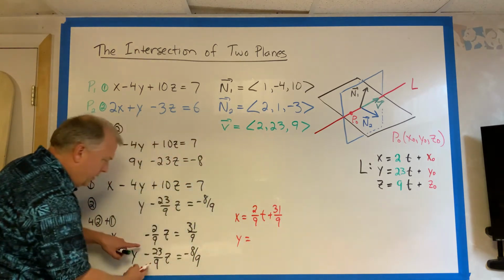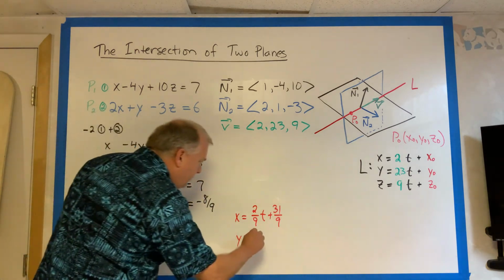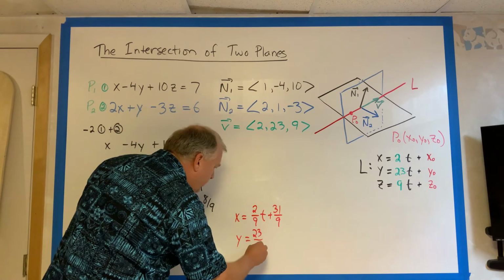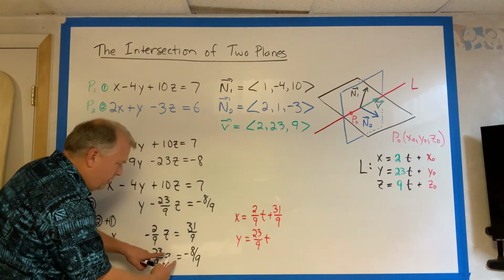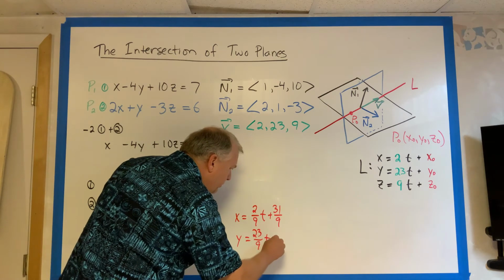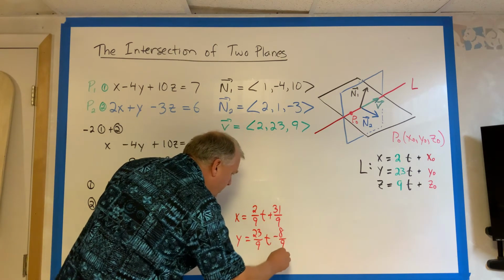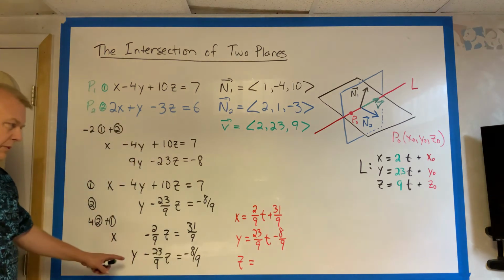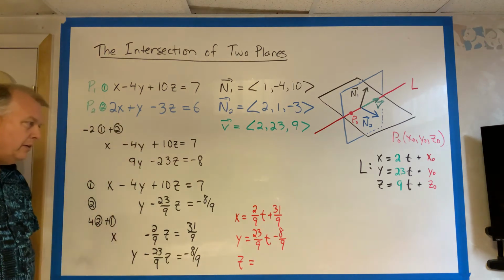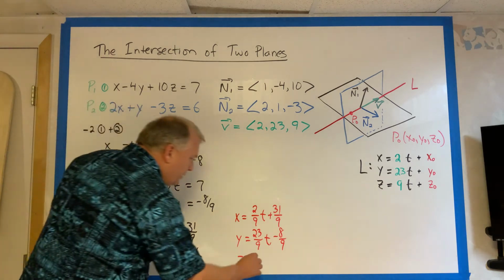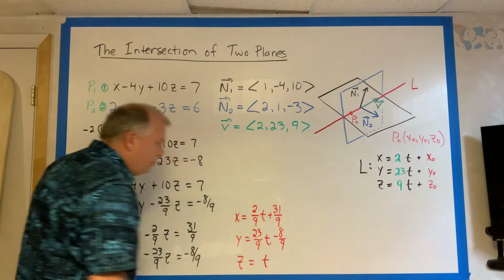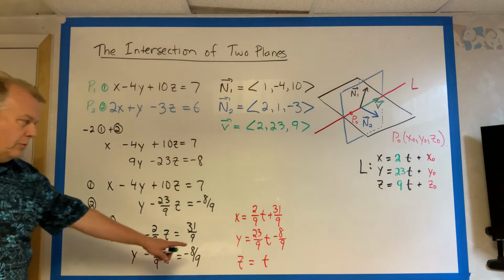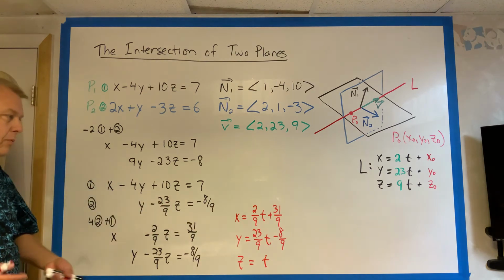Y is 23/9 t - 8/9. And z, which is not constrained or described in terms of the other variables, z is free to be anything I please. I'll let that be the parameter t. So once I choose t, I get x and y and z.